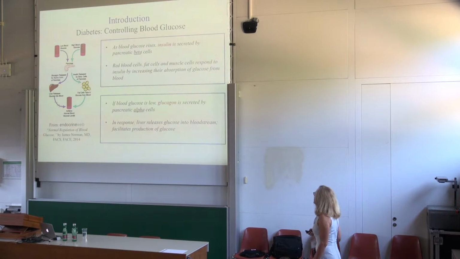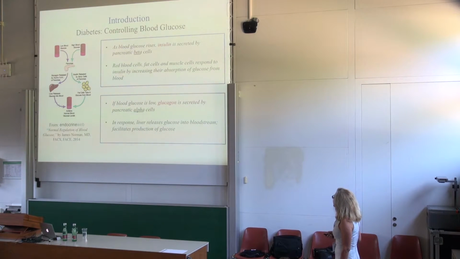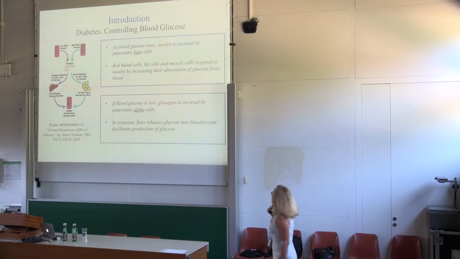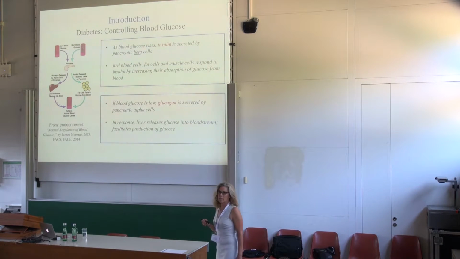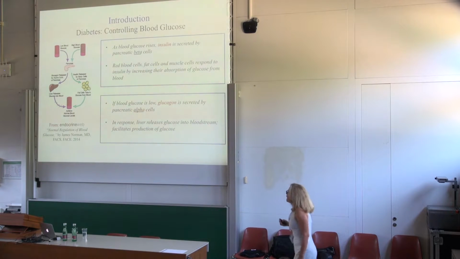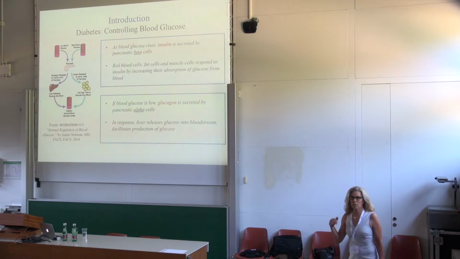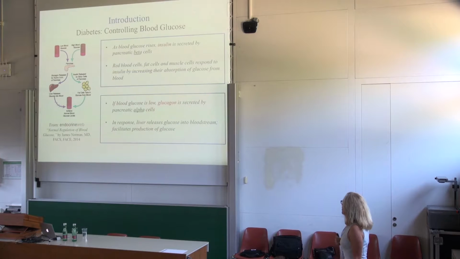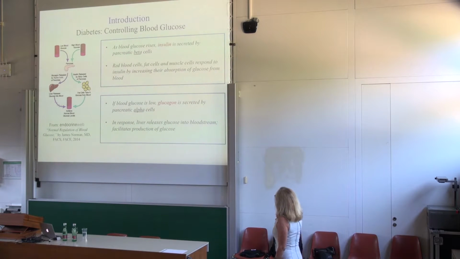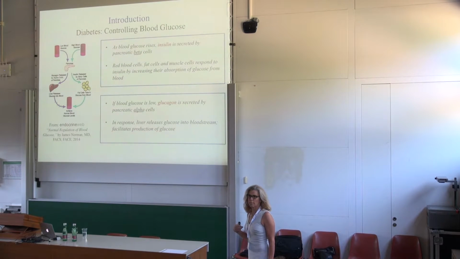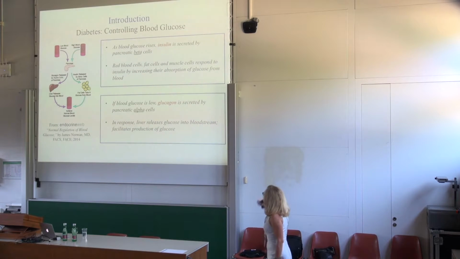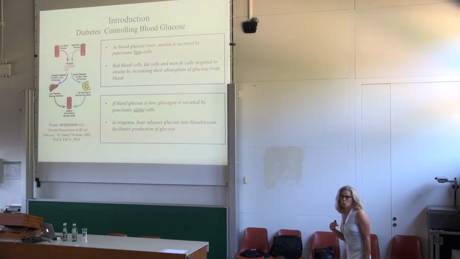So what happens is within your body, when your blood sugar goes up, your pancreas secretes insulin. And that insulin tells other cells in your body, your fat cells, your muscle cells, some of your red blood cells, that they need to increase their absorption of blood glucose, the sugar from your bloodstream, and that returns your blood sugar levels to normal, right?